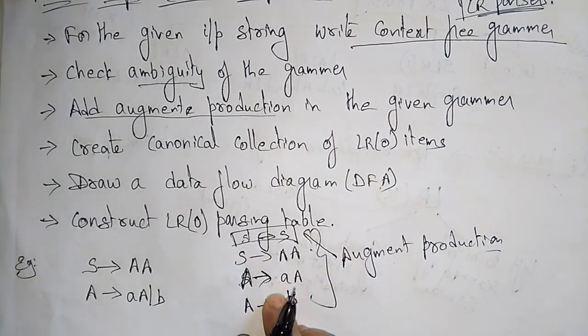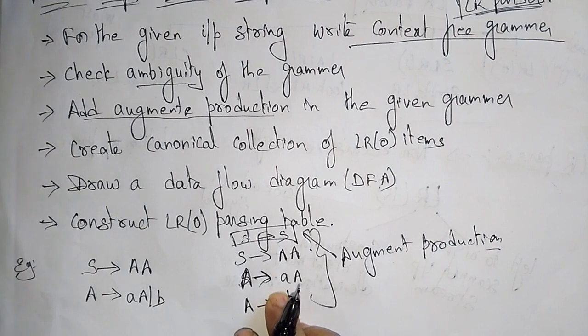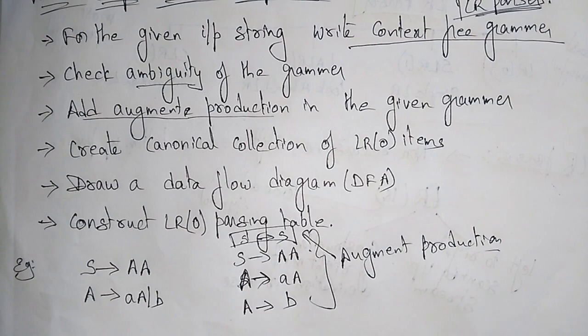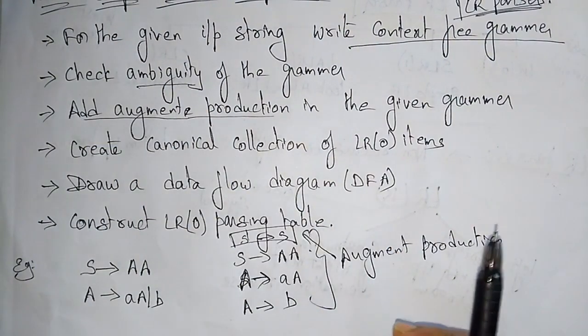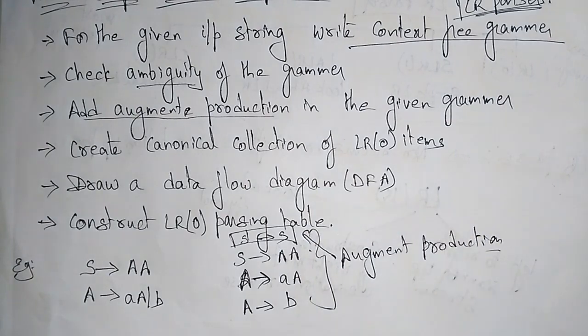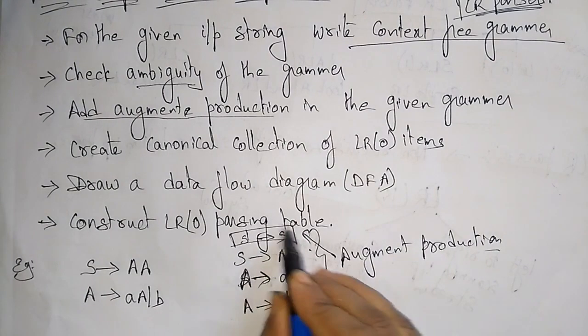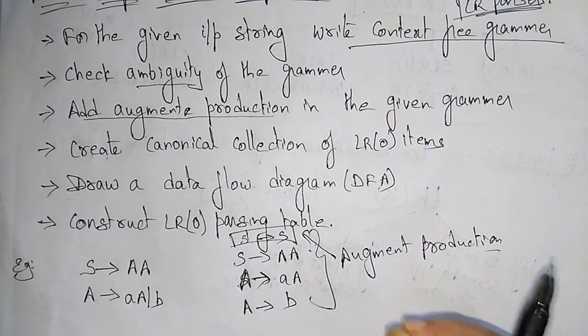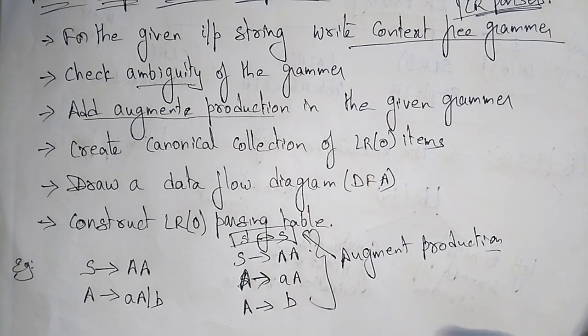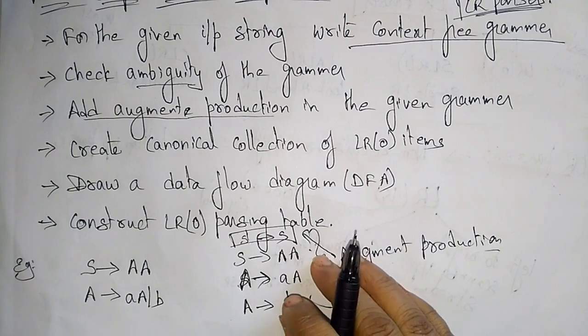Why am I adding the augmented production to the given grammar? It helps the parser, the LR0 parser, to identify when to stop the parsing and announce the acceptance of the input. This augmented production helps you identify when to stop the parser and announce the acceptance of a string.